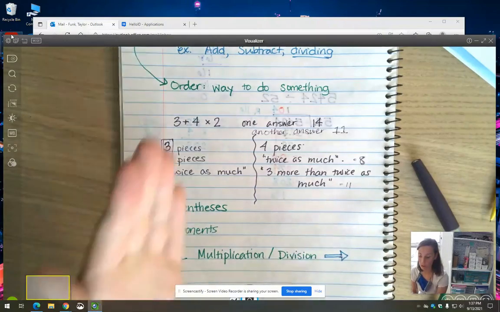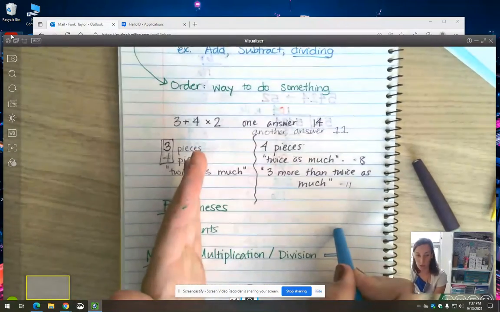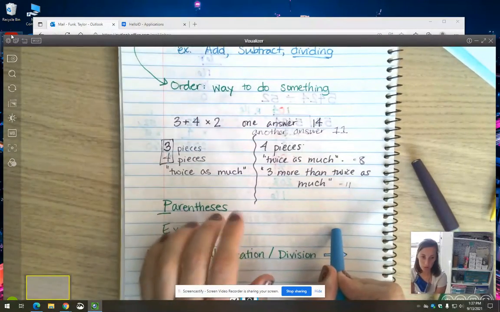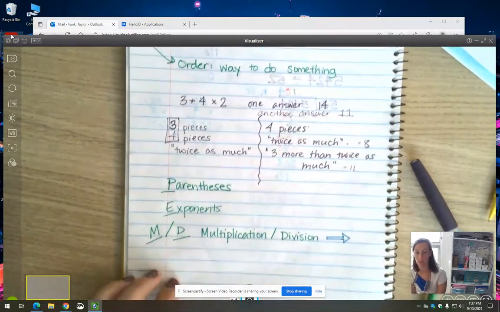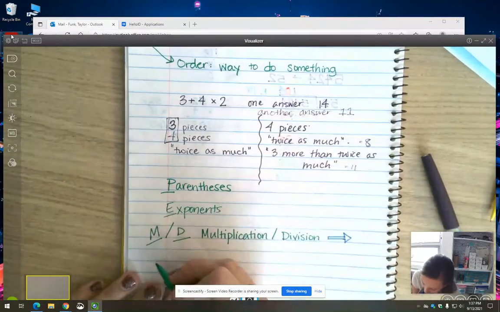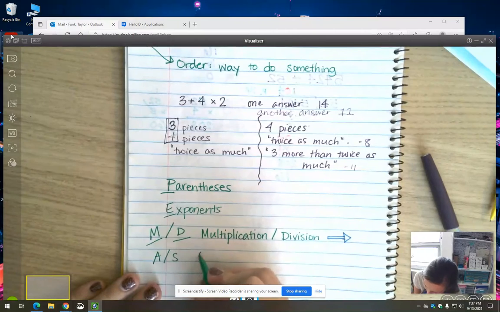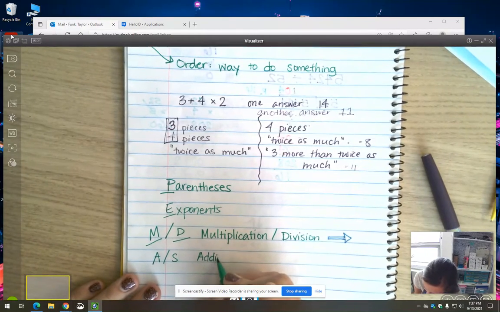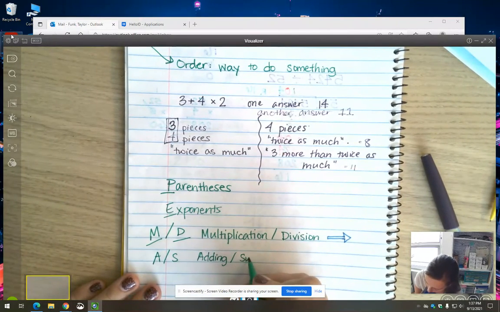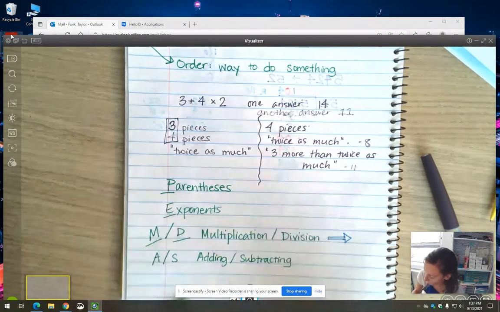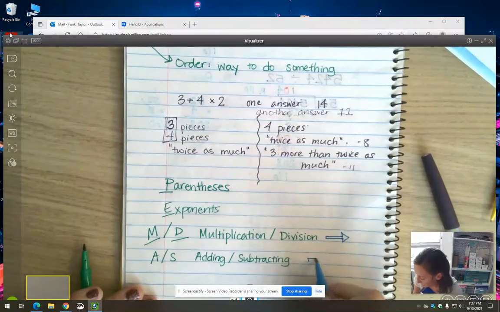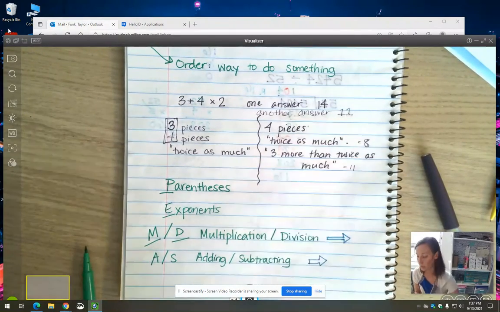So if there's a multiplication problem over here and then a division over here, you'll do the multiplication first and then eventually do the division. And lastly is adding and subtracting. Again, they are on the same level. They're of the same importance. So we go from left to right based on order.